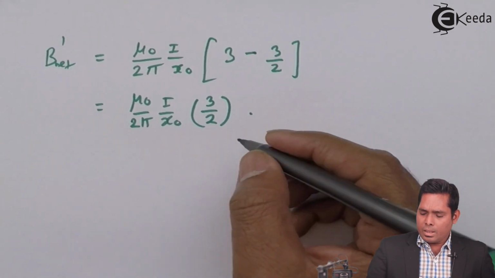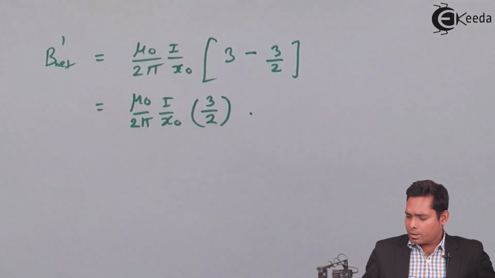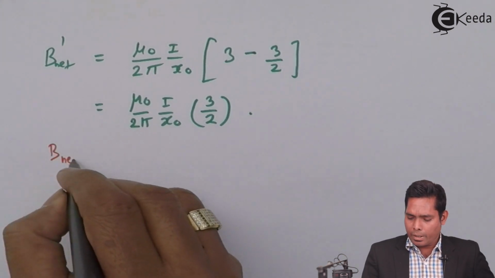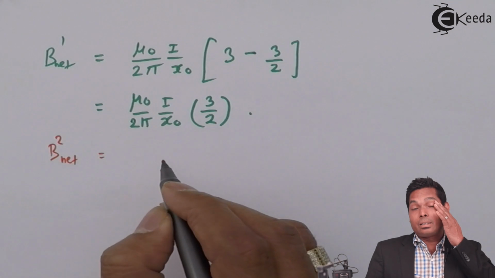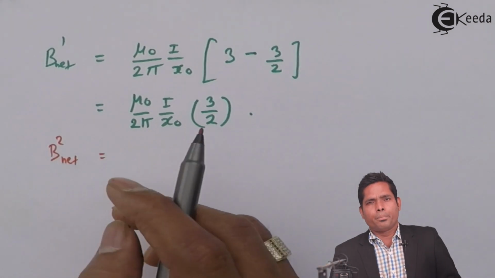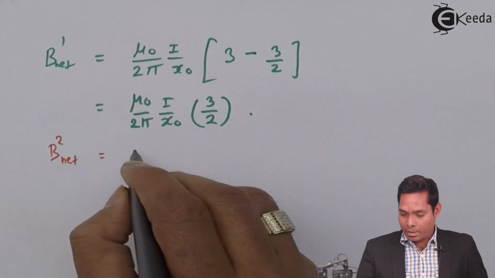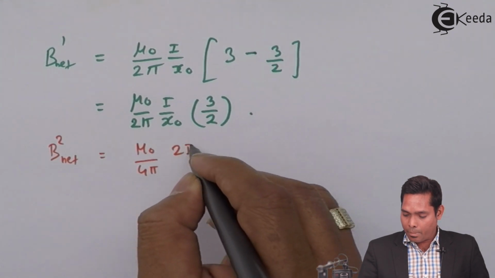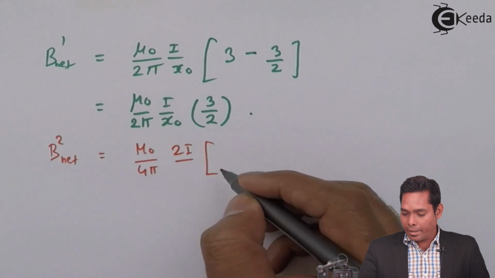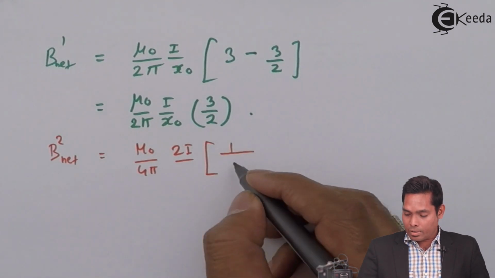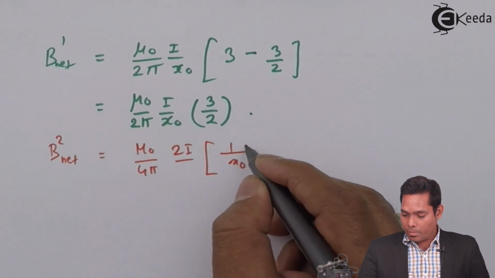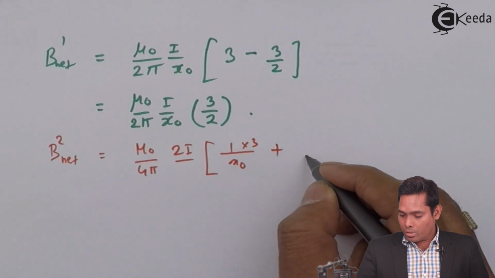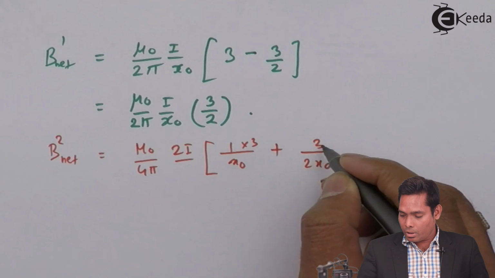If I see the same thing for the second case when the current is reversed, then B net in case 2, the B will get added up, and in that case this will be mu naught upon 4 pi, 2I by x. First the x is x naught by 3, plus 2x naught by 3.